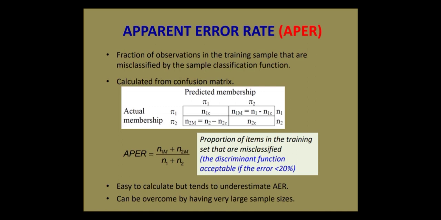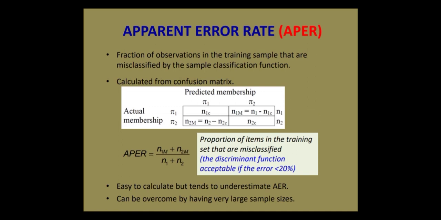Once we have the function, we test it: we take each observation in the data with x1, x2 and replace it in the function that we built. Then it goes to which group, whether it is for pi 1 or for pi 2.